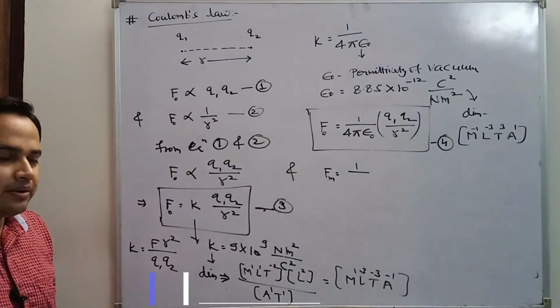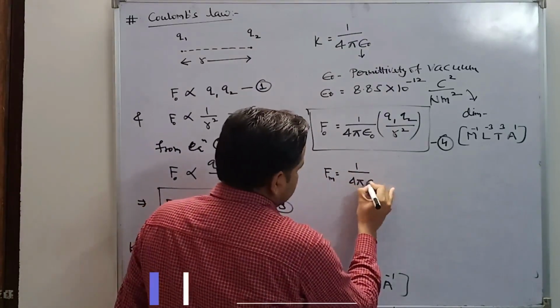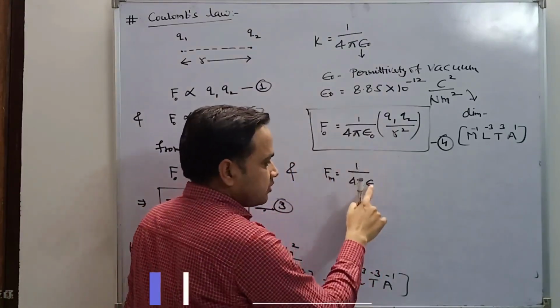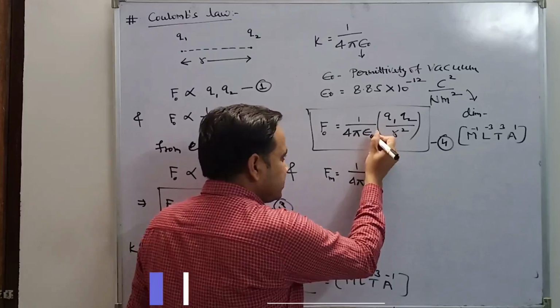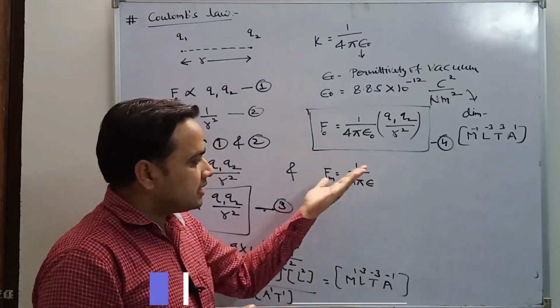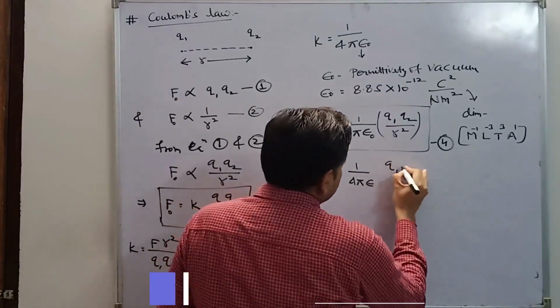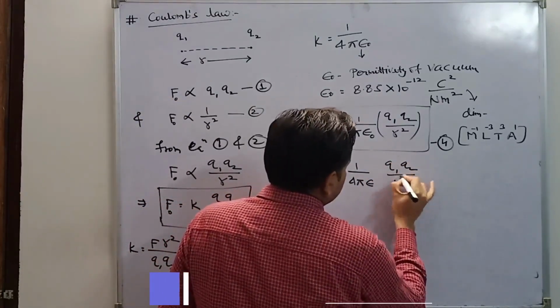Fm means in medium, or you can say 1 upon 4 pi epsilon. In place of epsilon naught, this naught denotes there is no medium, it is epsilon. Epsilon means it's the permittivity of medium. Q1 Q2 upon r square.